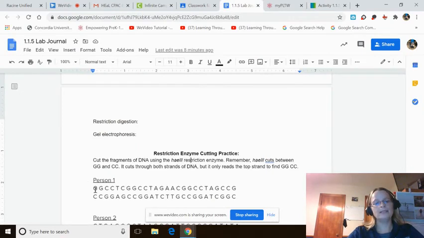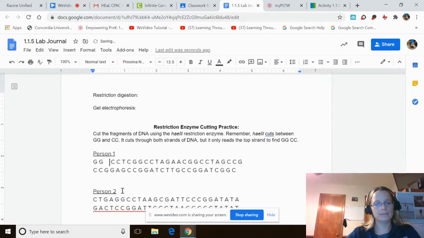So read the top strand, and where you find GGCC, that's where it cuts. Only look at the top strand, but it does cut through both. So here's the first person, number 1. I'm going to make spaces there where it cuts.